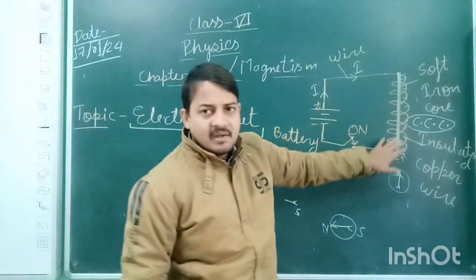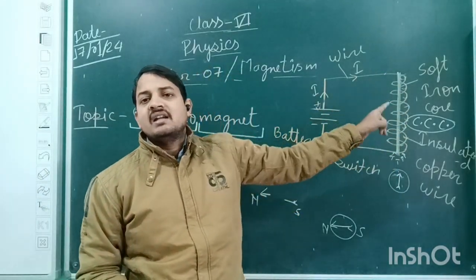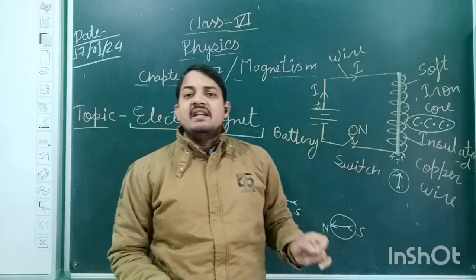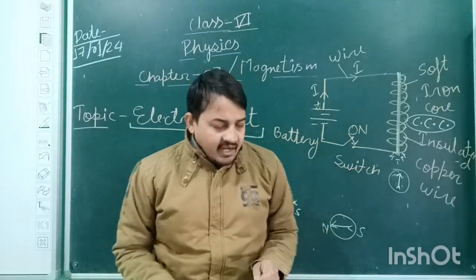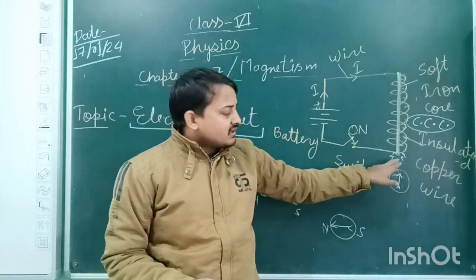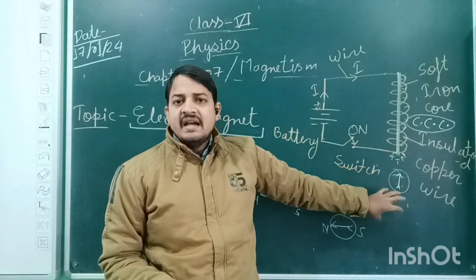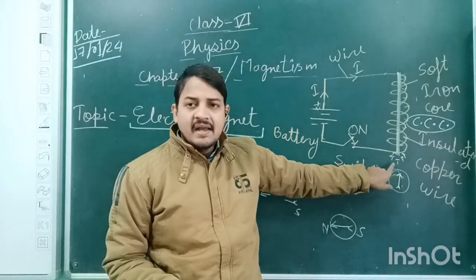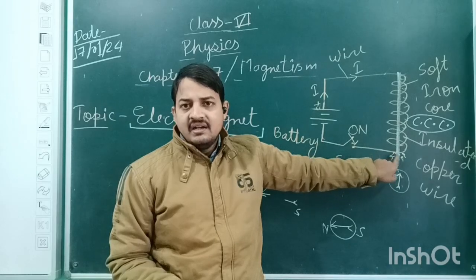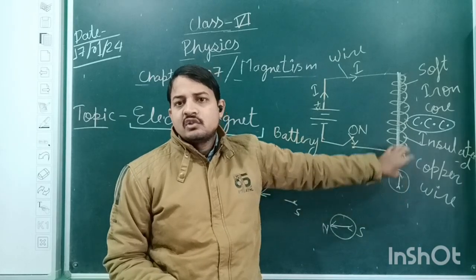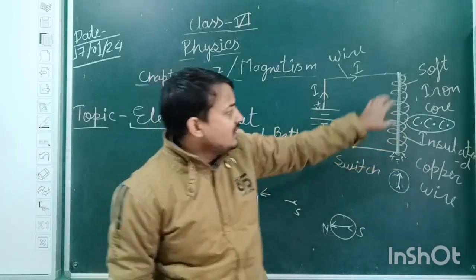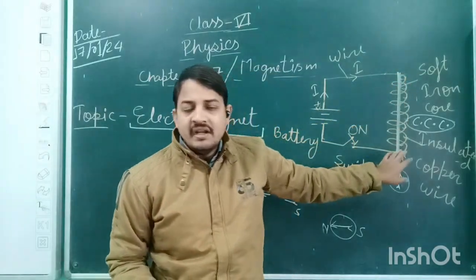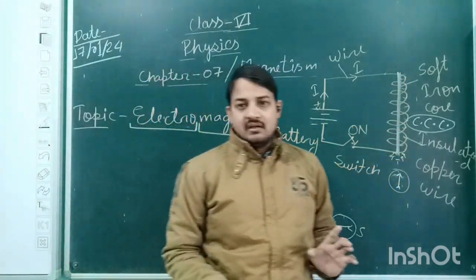Earlier it was a normal conductor, but by passing electrical current through it, it acts as a current carrying conductor. And if you take some small iron pins or a magnetic compass, the small iron pin will be attracted, and the magnetic compass will show some kind of deflection. It means that the soft iron core is acting as a magnet.